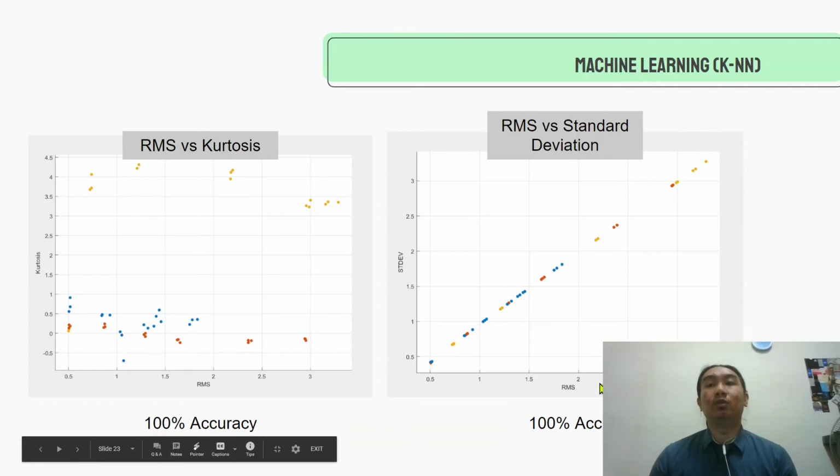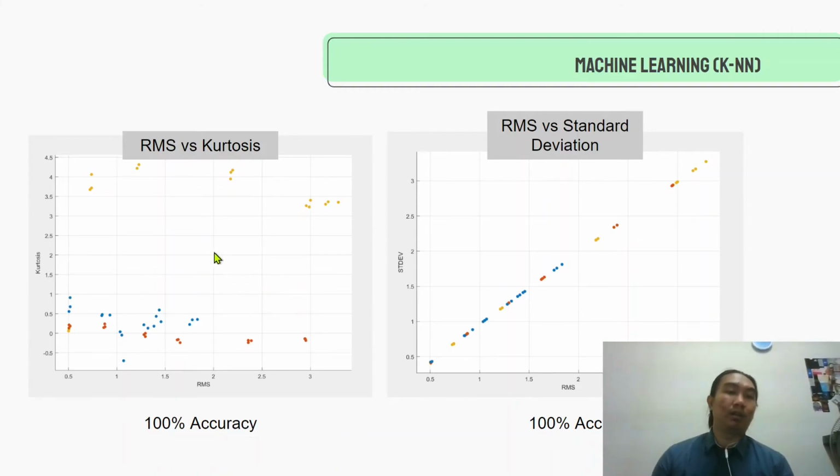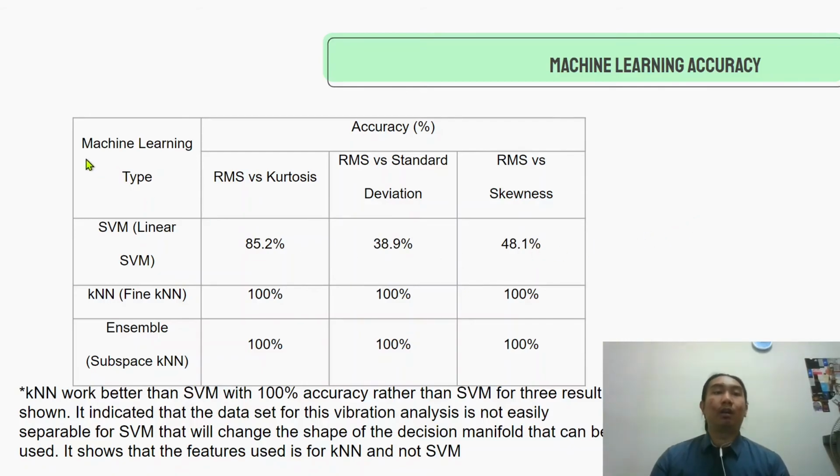And then we move on to the KNN, K nearest neighbor. For RMS versus kurtosis, the accuracy is 100%, with no incorrect points. The same for RMS versus standard deviation, the accuracy is 100%. We can conclude from this table that there are three types of machine learning: SVM, KNN, and ensemble subspace KNN.